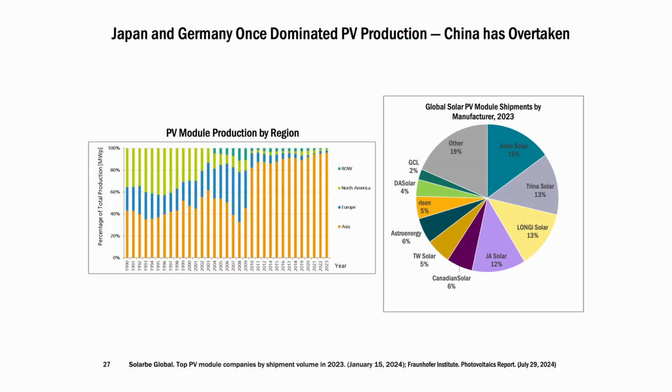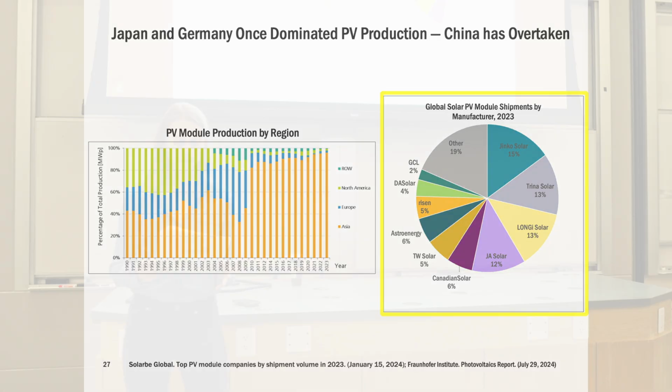So today you can see in the pie chart on the right here, over half of PV modules are built in China, either by Chinese companies or by companies like Canadian Solar, or what's another example? Canadian Solar is a Canadian company, but most of their manufacturing capacity is in China.